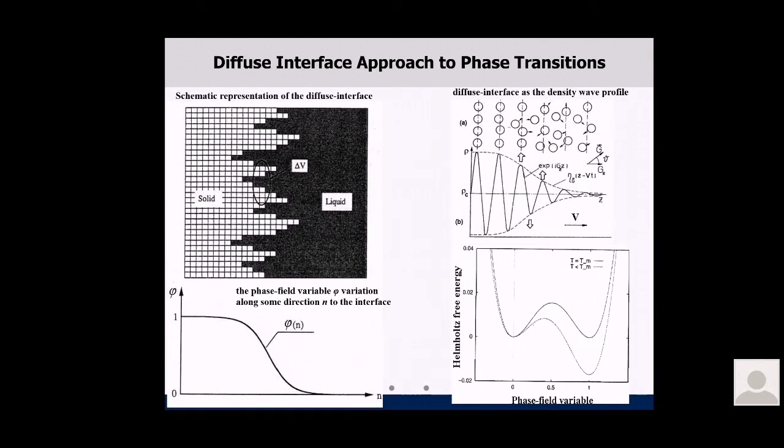However, glass forming systems already have some ordering in the liquid, and then we can freeze it with much lower cooling rates to get this amorphous state.